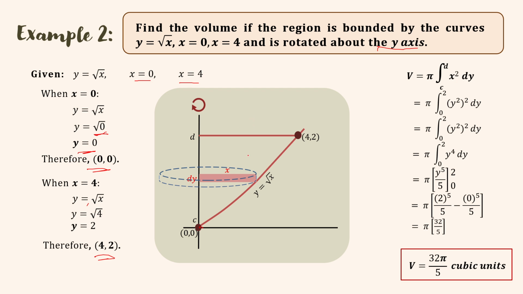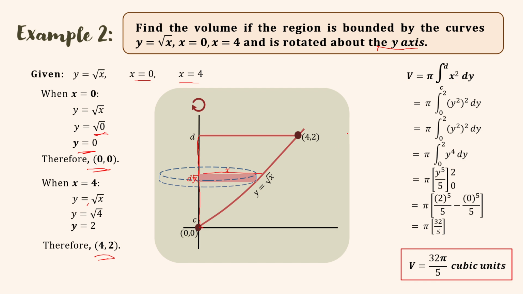Since the rotation is about the y-axis, we rotate it here about the y-axis. We know already that the rotation is about the y-axis, and these strips are part of the plane area. So this one is our width, and this is the length now.